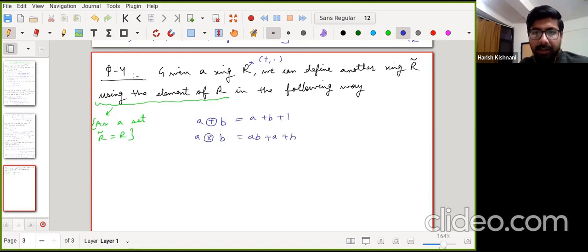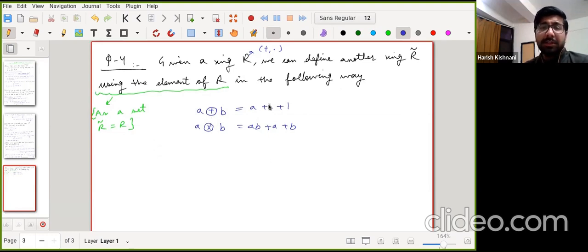This ab is multiplied by the laws of the ring R, and the addition is also by the laws of the ring R. So the new addition and product are defined using the operations of R, and we see that this turns out to be a ring in itself, defined for all a, b belonging to R.